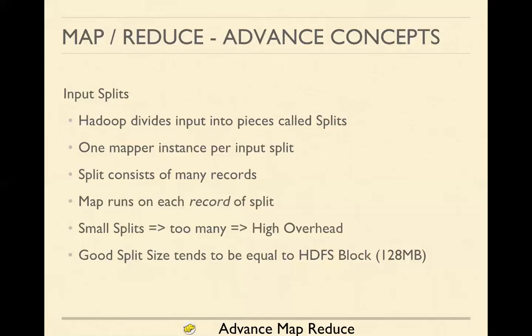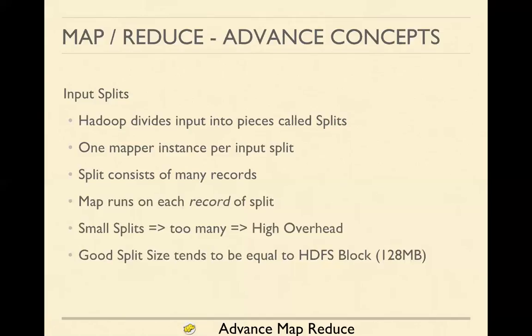All right, back to the input splits. Hadoop divides the data into pieces called splits. One mapper instance per input split. A split consists of many records. Map runs on every record of the split. If there are very small input splits, there will be too much overhead of transport.